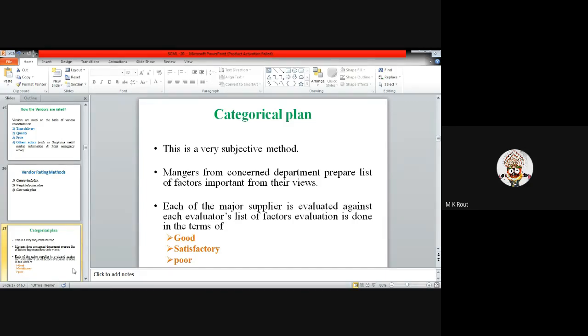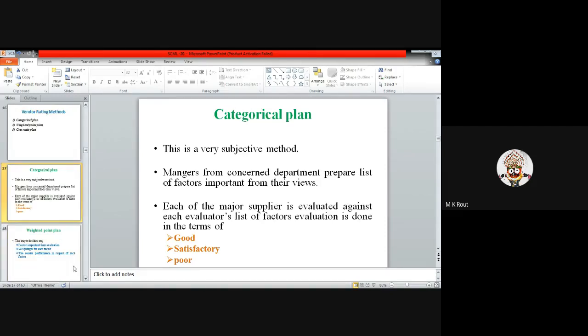Most companies nowadays implement this method through a particular format, in which all the information related to your vendor is mentioned, whether performance is good, satisfactory, or poor. That should be rated at different department and sub-department levels.